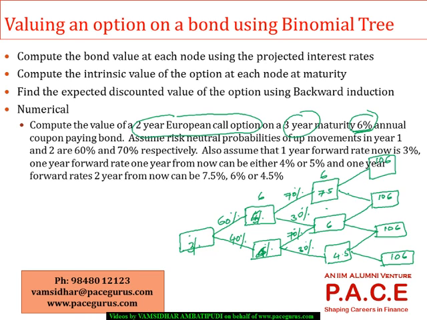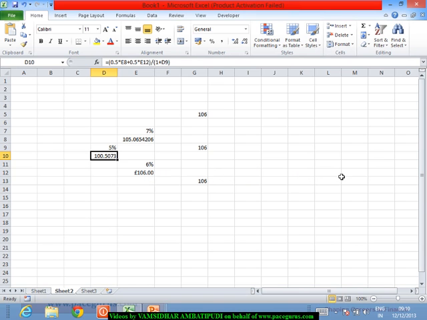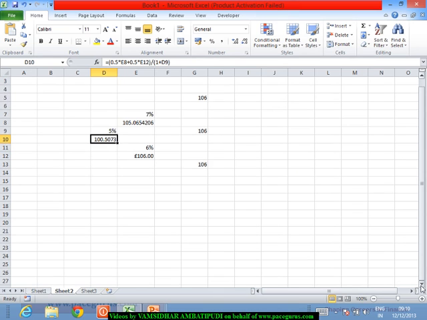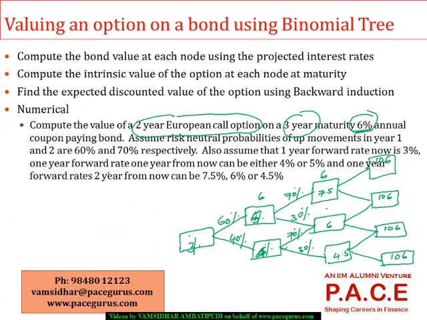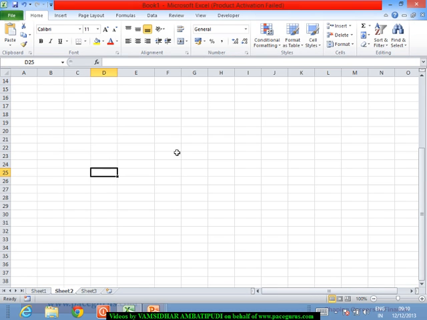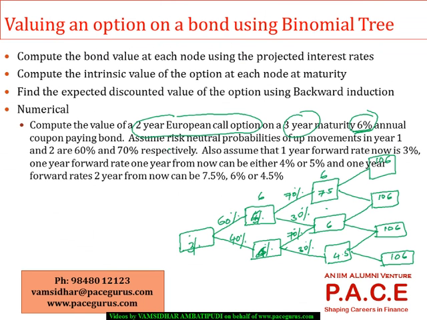I can very well fill in the bond values at each of the periods using my formula, right? So I'll take this entire thing into a spreadsheet so that we can do it quite comfortably.